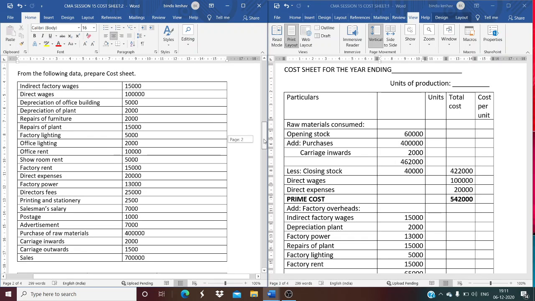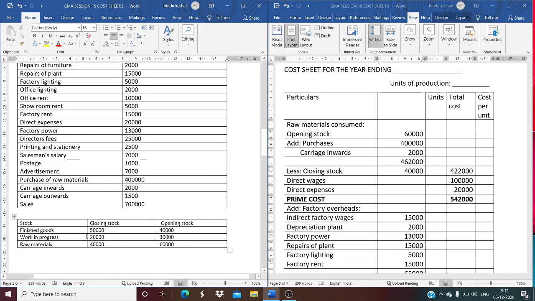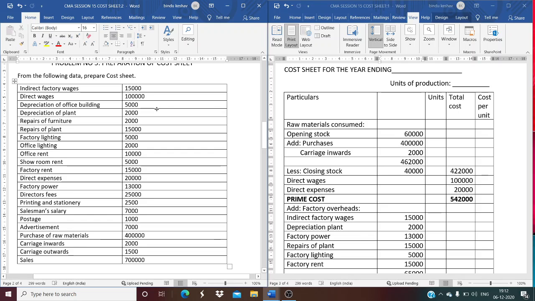So in this problem, the number of units produced are not given, and then we need to know whether the stock of goods, raw materials, work in progress as well as finished goods, whether they are given. Yes, it is given here. You can see here the opening stock as well as closing stock of finished goods, work in progress and raw materials are given. Other than that, we have various other items, other expenses which are also being given.